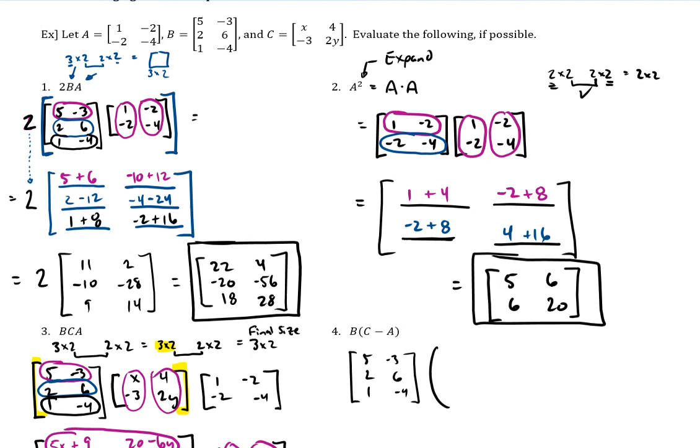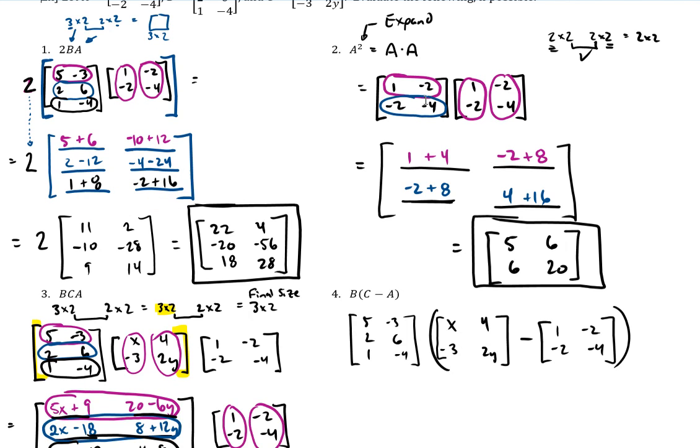And then big old parentheses, c is x, 4, negative 3, 2y. And then they said minus the a, which is 1, negative 2, negative 2, negative 4. And then the big parenthesis.